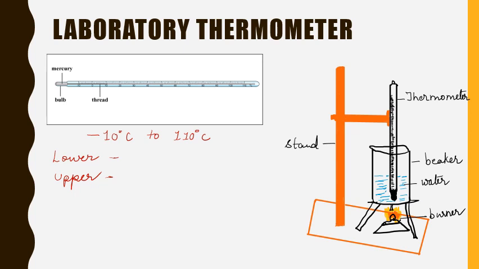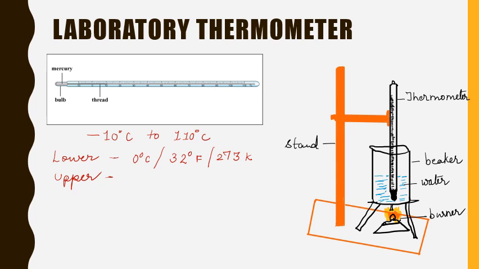So wherever the mercury level gets stable, that point is marked as 0 degrees Celsius, or in the Fahrenheit scale, 32 degrees Fahrenheit, or 273 Kelvin. See why this is done? Because melting of ice will take place at 0 degrees Celsius only. So we have used melting of ice to know the lower fixed point.